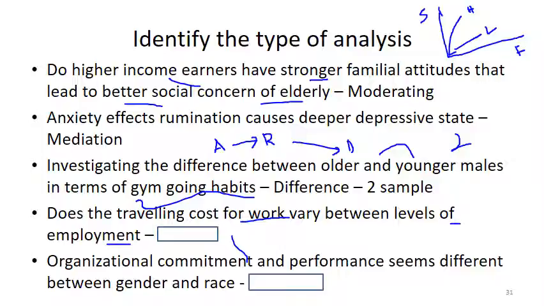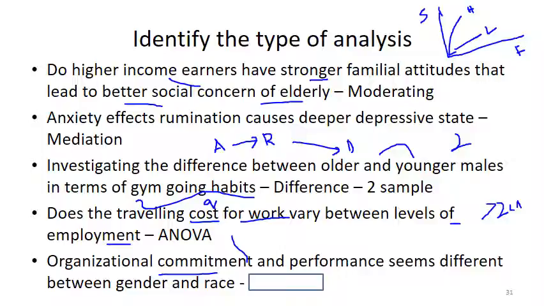Now, we assume that levels of employment here is more than two categories, and this is a categorical variable. This traveling costs is, of course, a quantitative variable, and hence we are looking at ANOVA.